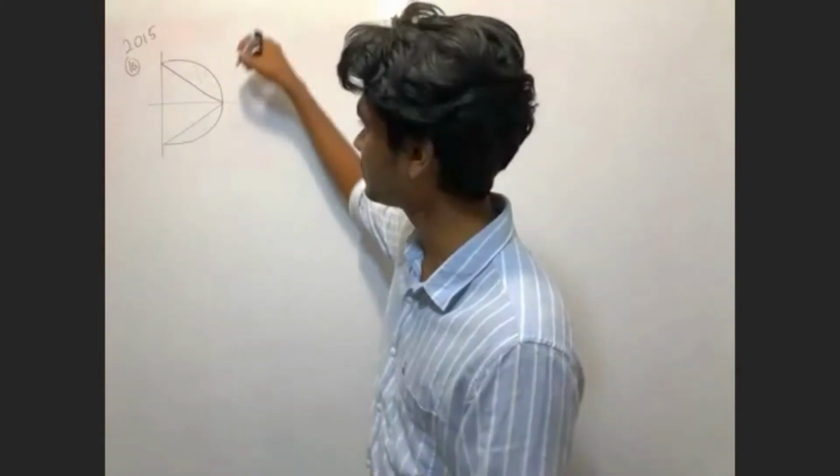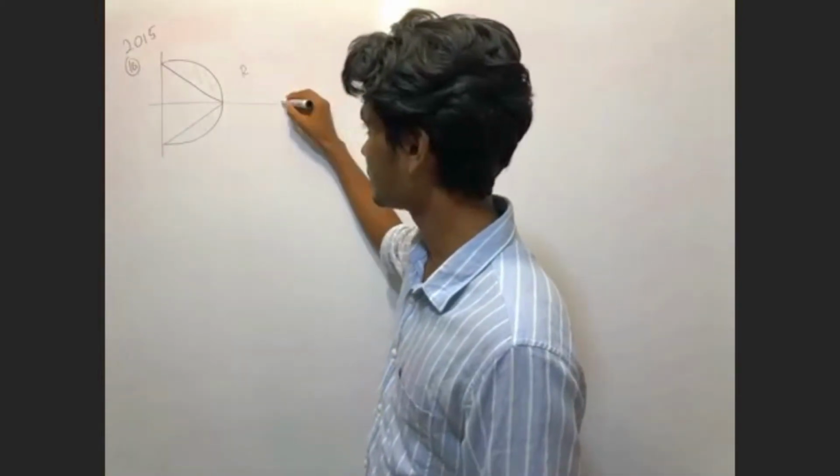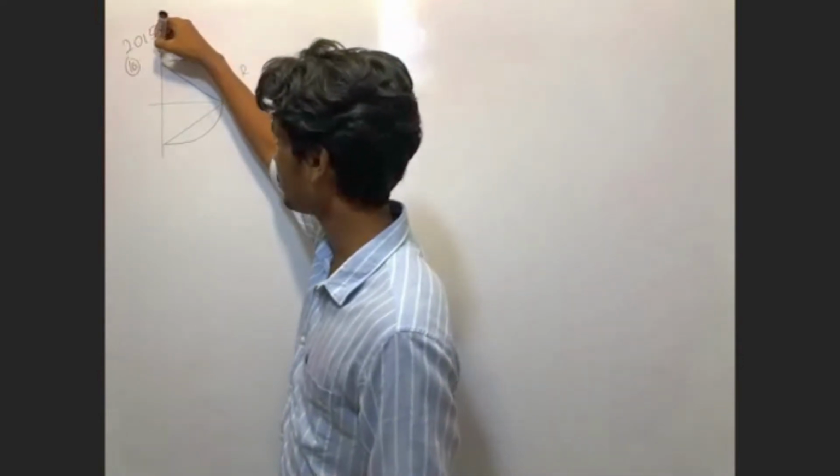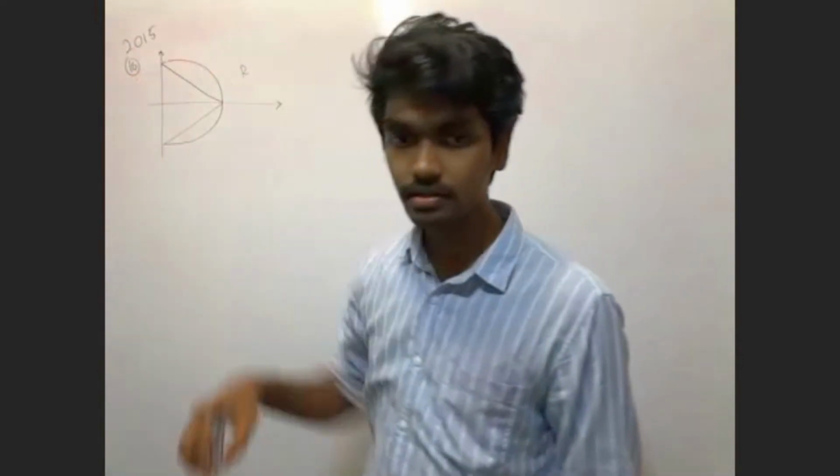This is R. You need to understand that. Straight away, they have not asked us to find the composite object that they have shown in the diagram, so that we will have to find somehow, but initially what they have asked is this.